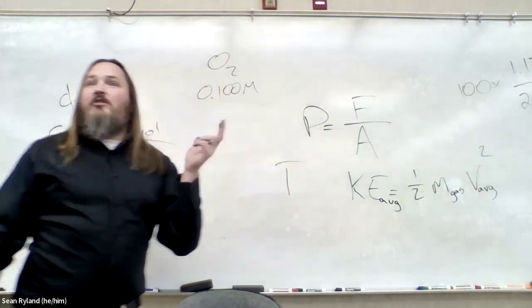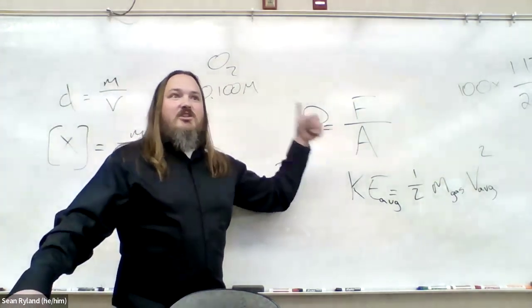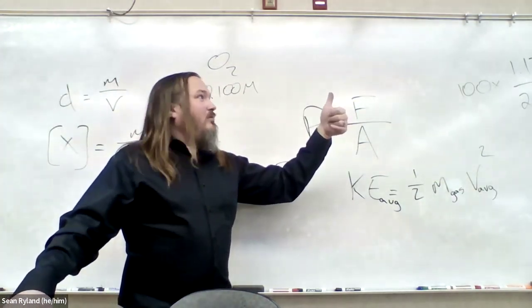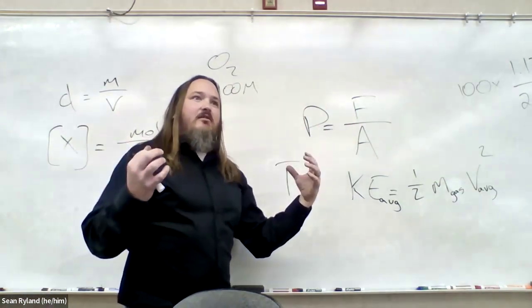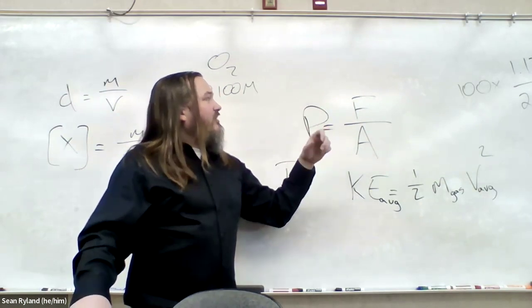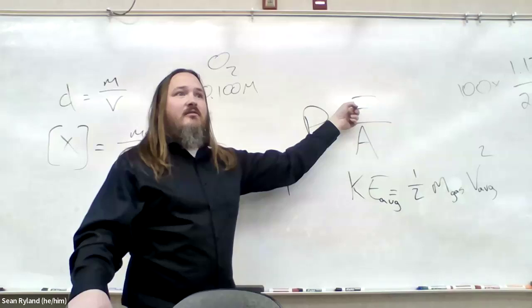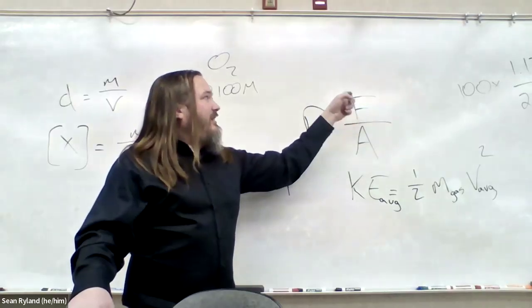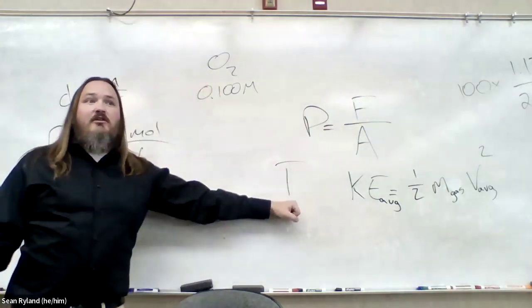So basically we have three variables at play here. We have the area that the molecules can run into, so you can think of that as the surface area of the container. We've got how fast the gas molecules are going, and how fast they're going we measure by looking at temperature.